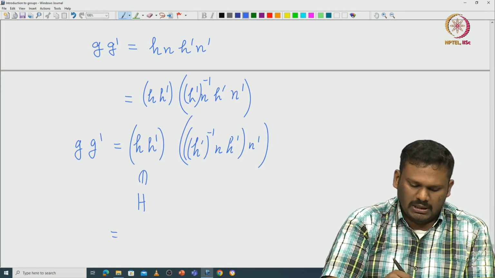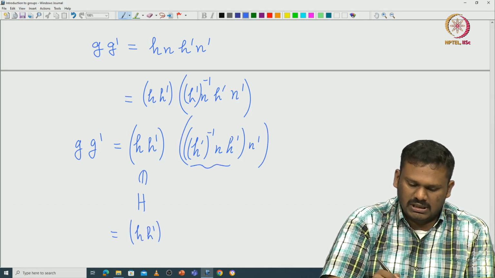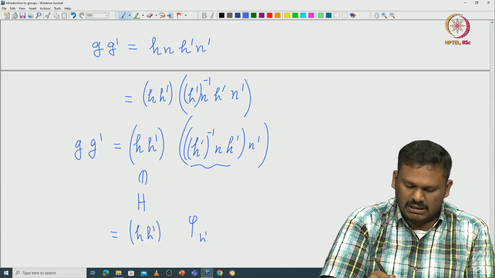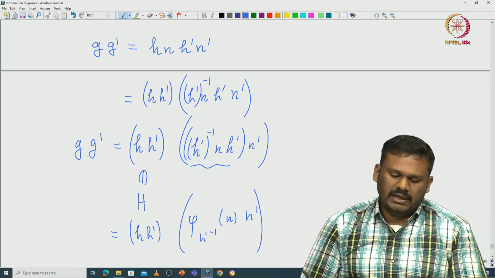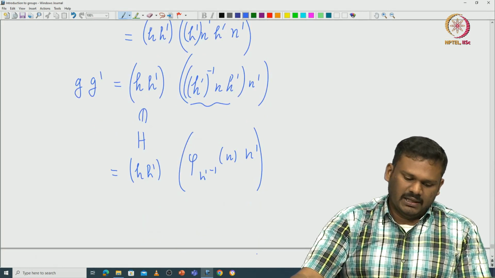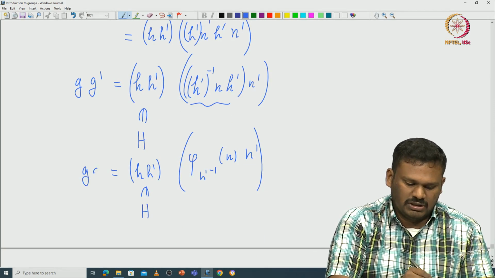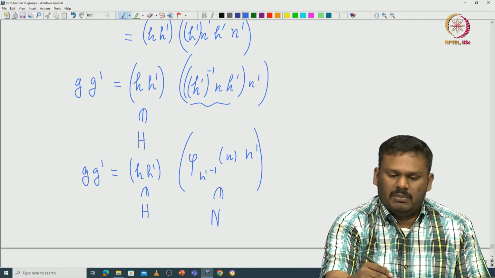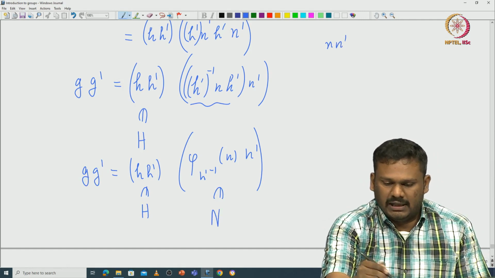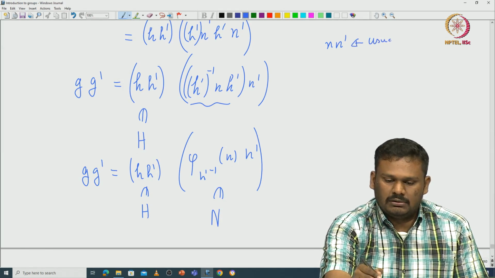If you think about it, this is exactly phi H dash inverse applied on n, and then you are taking N dash. So this is an element in capital N, but this is the usual product.